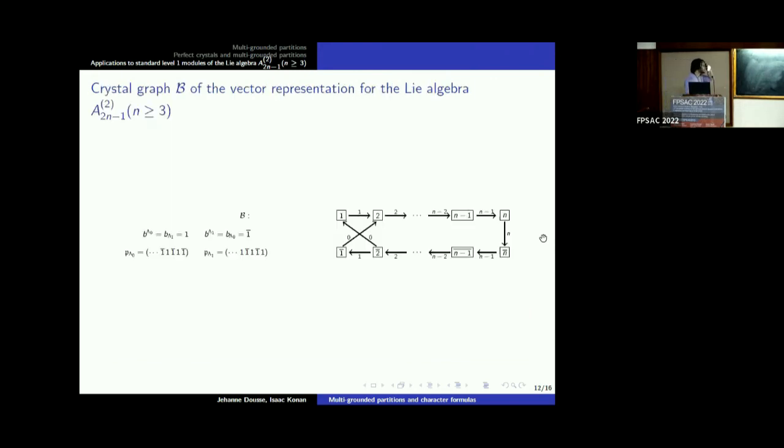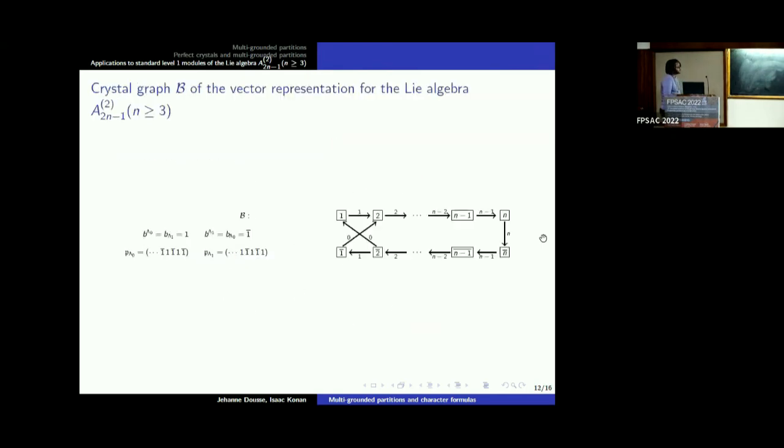So how do you find this formula? Simply you take the crystal. This is something which is in the literature. So you have many studies of what is the perfect crystal for the classical types. So we do not have to do the algebraic study. We just have to take what is existing, and then we just interpret it in terms of multi-ground partitions.